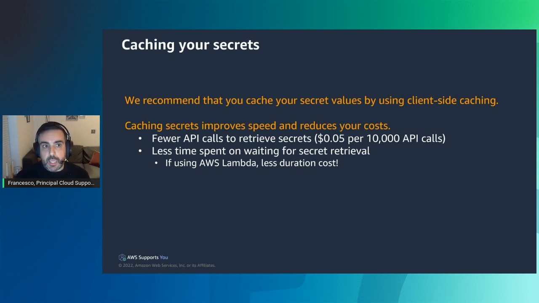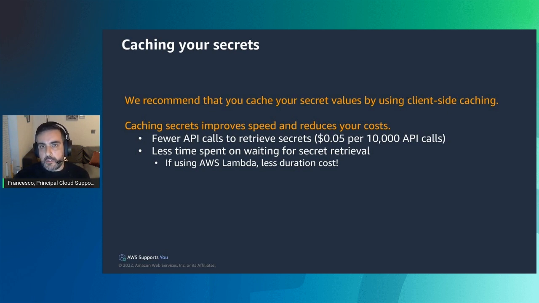You'll also be making fewer API calls to retrieve those secrets, and those API calls have a cost of around 5 cents for 10,000 API calls. Obviously, this might not impact you if you have low volumes, but when you're having hundreds of thousands of calls per day, that might add up. So caching will greatly reduce that cost.